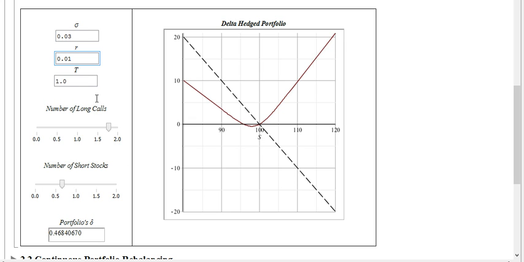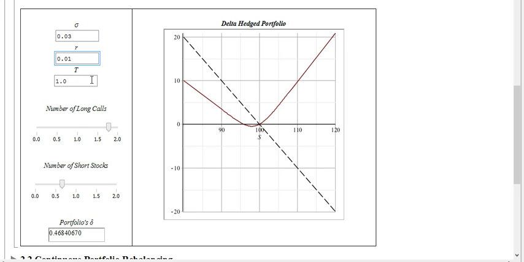We will assume that these calls are at the money calls for a stock price of $100. The implied volatility will be 0.03, the risk-free rate 0.01, and the time to maturity for the calls 1 year.